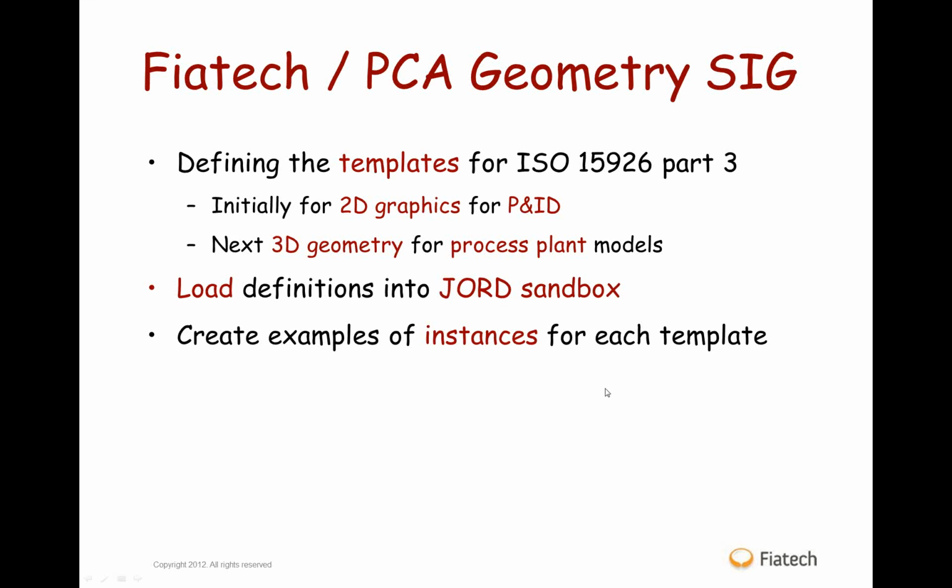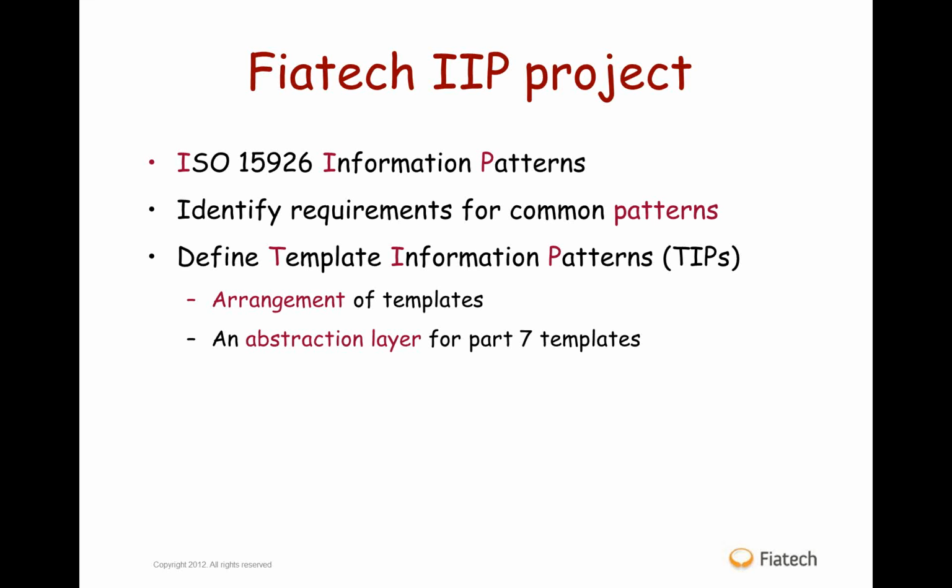So this is providing a higher level of abstraction for the Part 7 templates. And for those of you who have gone into Part 7 templates, they are fairly low level, very generic, and so do warrant further abstraction.